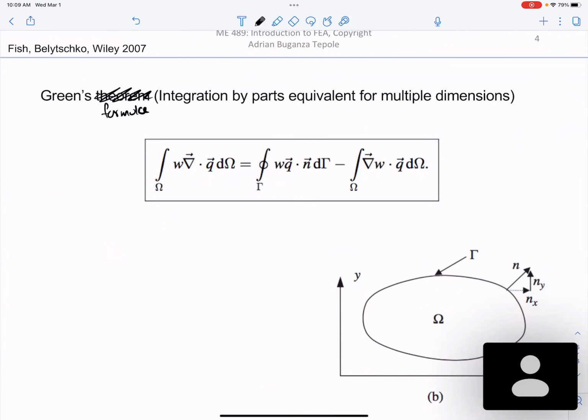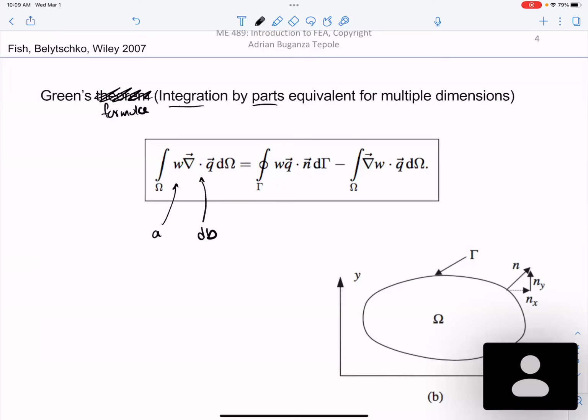This works for 2D or 3D. Hopefully you see that this has more or less the same structure as the integration by parts formula that we use in 1D. This is sort of your A. This is sort of your dB.